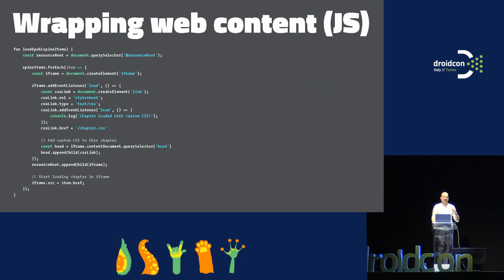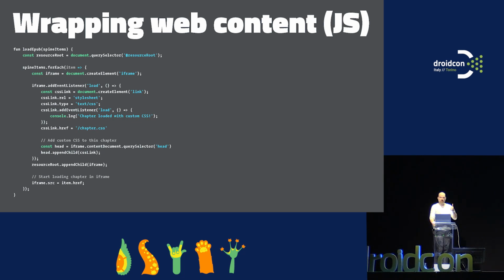The JavaScript, and it's much more than this, but I'm going to cover the basics here. You start by fetching the element where we're going to load the iframes. And then we go through all the items that we have from our spine. So we have parsed the XML, we have parsed the information about the spine to the JavaScript side.